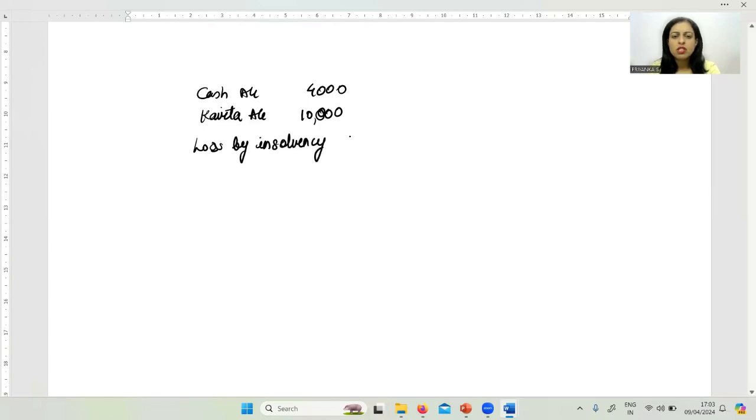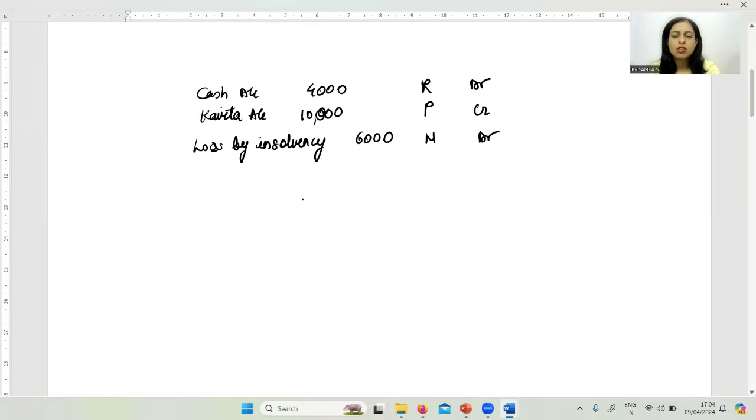Right? Loss by insolvency is 6,000. So these are the different accounts that we have. Cash is a real account, Kavita is a personal account, and loss is a nominal account. So real account says debit what comes in, credit what goes out. Cash is coming in, so debit. Kavita is the giver, so credit. And loss is loss. Obviously, nominal account says losses are debit.